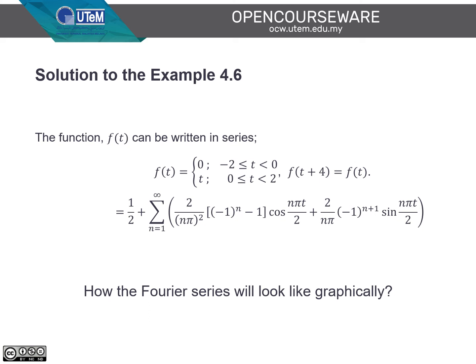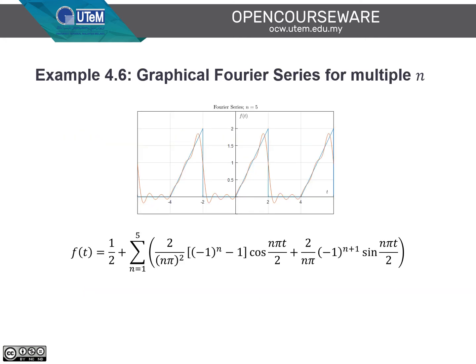Now, let's think how the Fourier series will look graphically. In the next slides, I'm going to show you the graphical Fourier series for multiple n. I'm going to start by plotting the series for n equals 5.